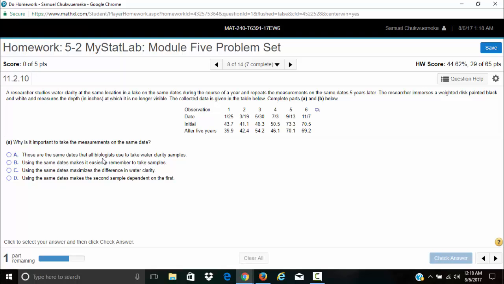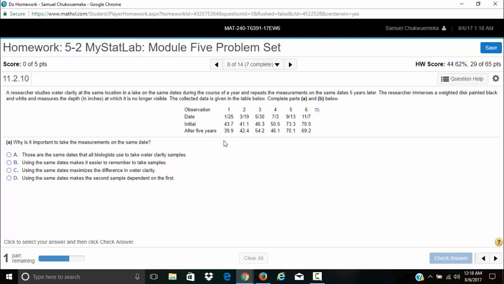Now, what is important about taking the measurements on the same date is that if you use the same date, that means you're making the second sample dependent on the first. Remember, you're taking the first measurement, measuring water clarity at the same location, then this is the initial measurement.